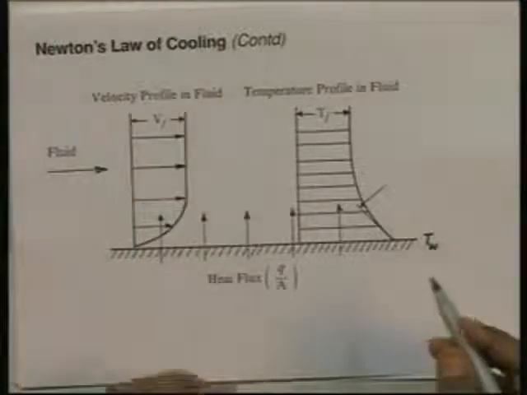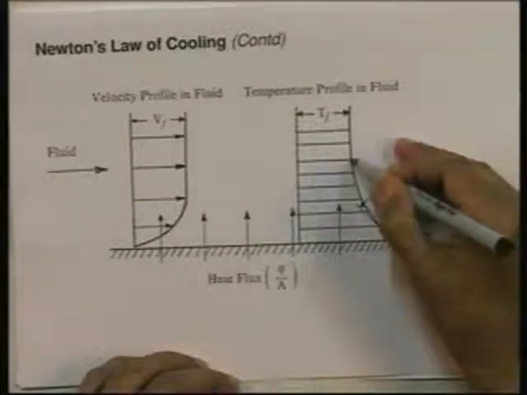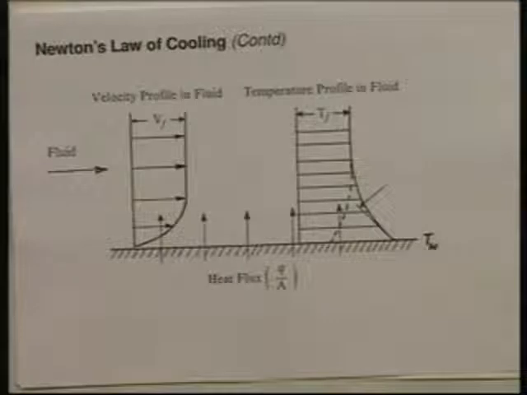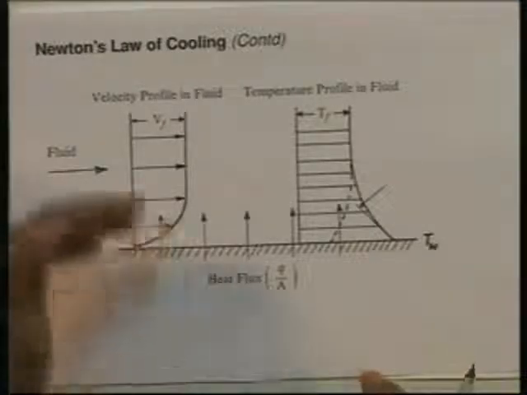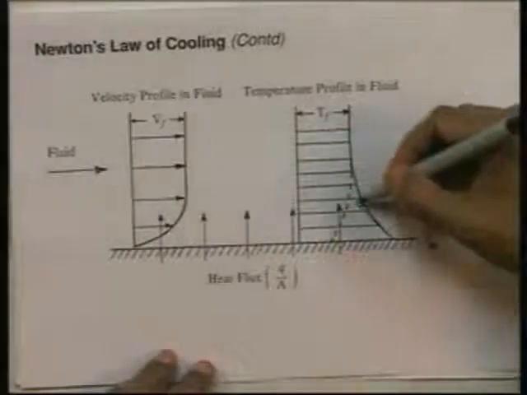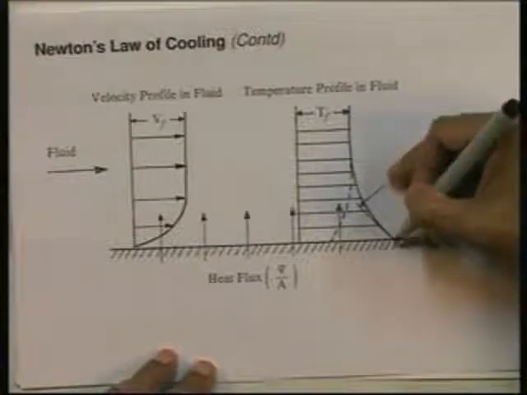If Tw is less than Tf, then the temperature profile, instead of going out like this, would typically come in something like this. That would be the temperature profile you will get if Tw is less than Tf, and heat flows because of this temperature difference. The tangent that I have drawn here is the tangent to the temperature profile at the wall.